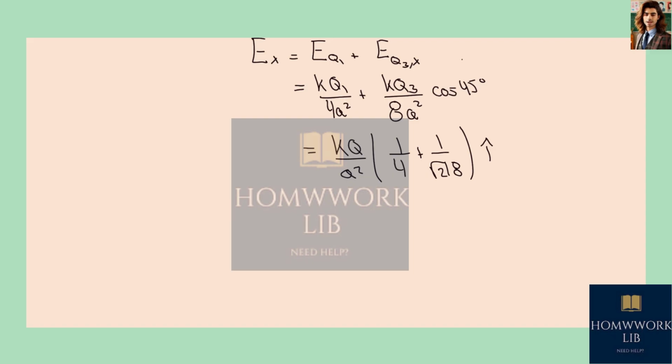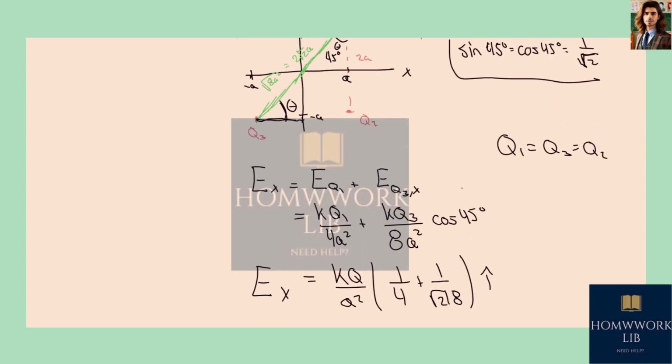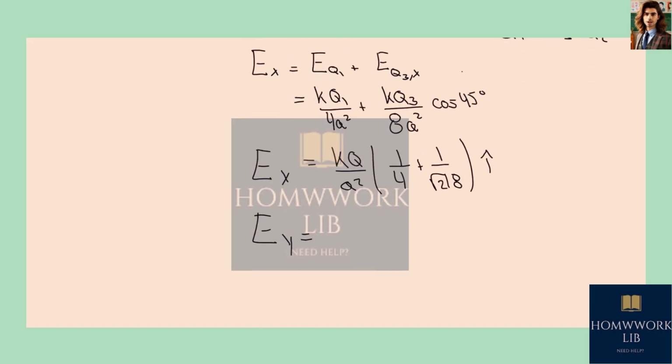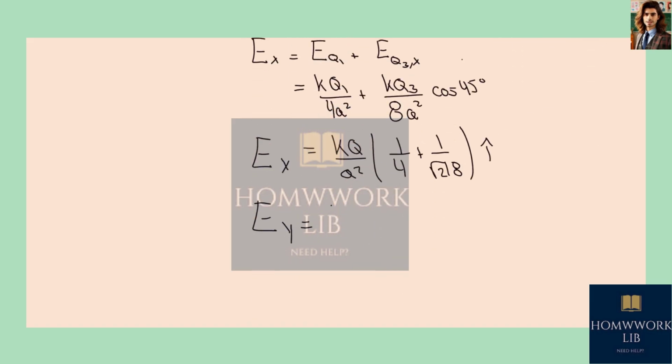Now for the electric field on y, we're going to have something very similar. Actually, it's going to be exactly the same thing, because this is the electric field due to Q2 plus the electric field of Q3 in the y direction. All of this, of course, on the j.